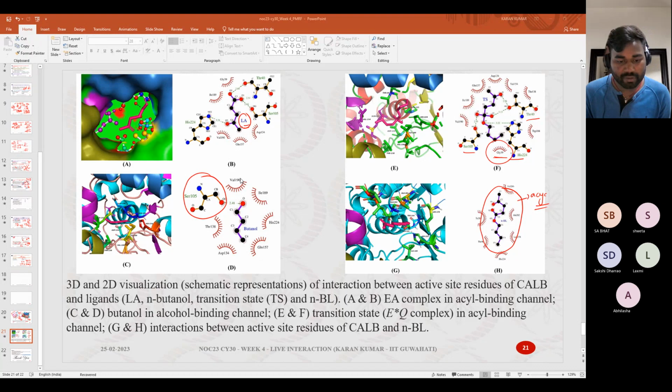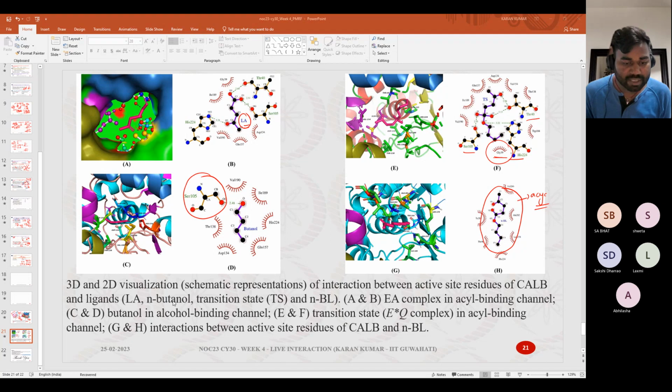This is what we deduced using the molecular docking studies, and we also deduced that the first product inhibits, like for the second substrate, which is alcohol. Alcohol is inhibitory using competitive inhibition. It is binding directly to the enzyme.